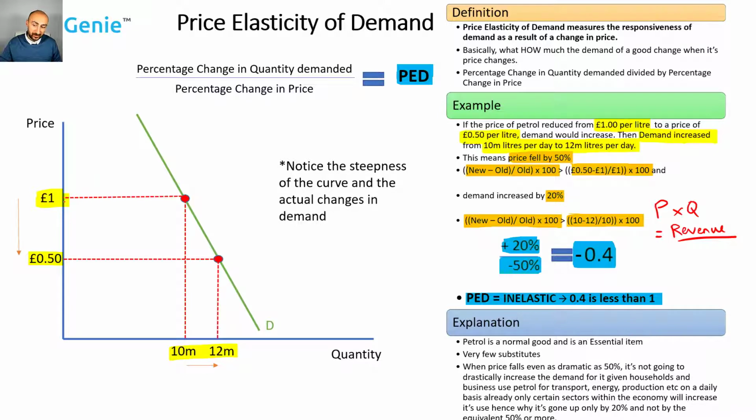If we were to calculate price times quantity for each one, it's going to show us that price has actually fallen by more than the quantity demanded has risen.